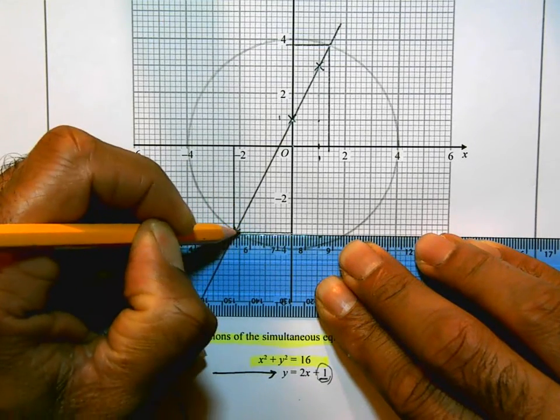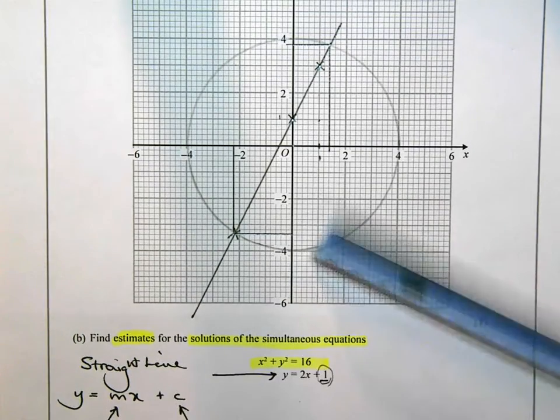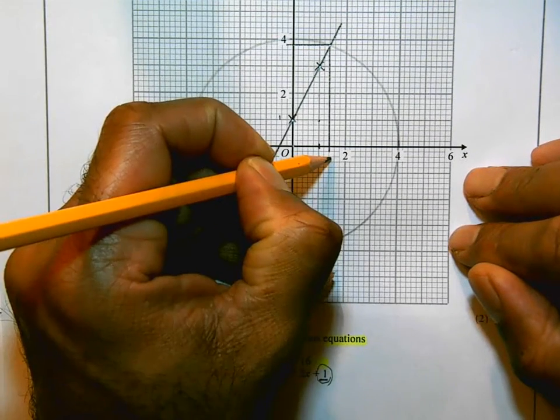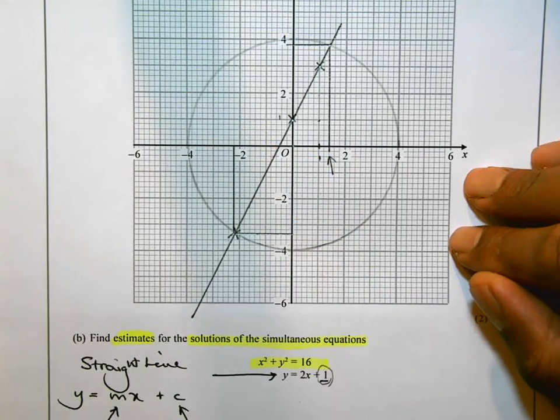Okay, you have to try to be as accurate as possible, right? Then read off those values from the graph. So I'm going to take them off here and write them down before I make a note of them below in the answer space.